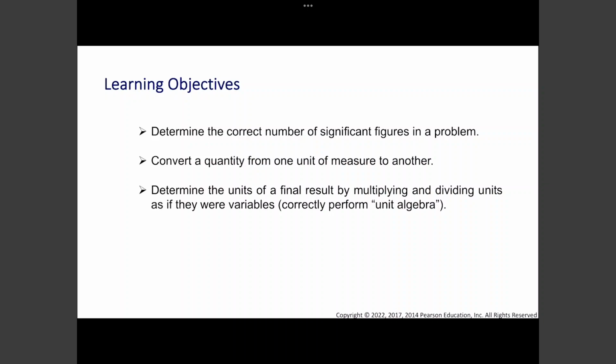That means you will be able to determine the units of a final result by multiplying and dividing units. Finally, you will have a better understanding of scalar and vector quantities. You will be able to explain the difference between scalars and vectors.